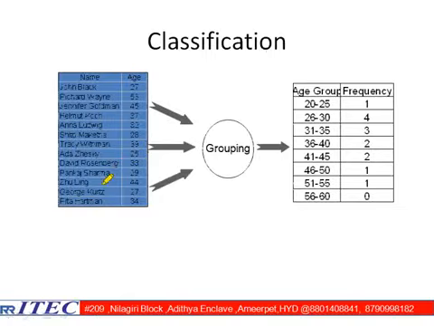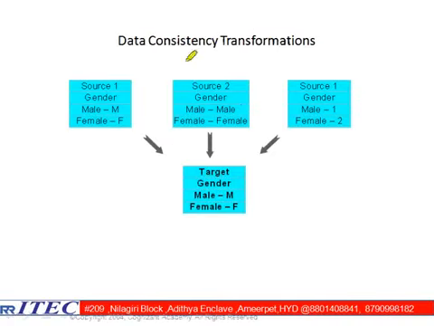I have data available like this. You need to showcase how many people are in the 20 to 25 age group, and how many people are in the 26 to 30 group. This is called classification or grouping. Next, data consistency. From one application, let us say the Facebook application, we are getting data like this.